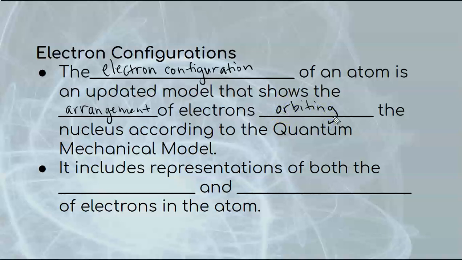Electrons are acting like waves. They're kind of hard to find. So we just have this probable location that can be determined through atomic orbitals. Electron configurations include representations of both the energy levels and probable locations of electrons in the atom.